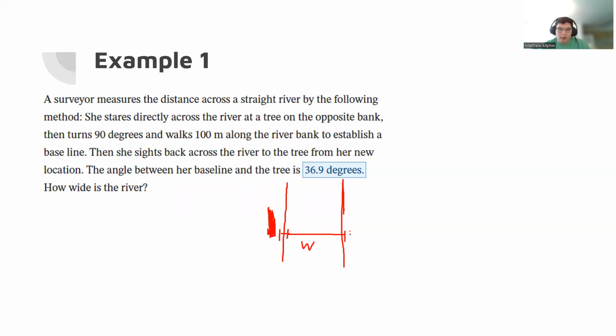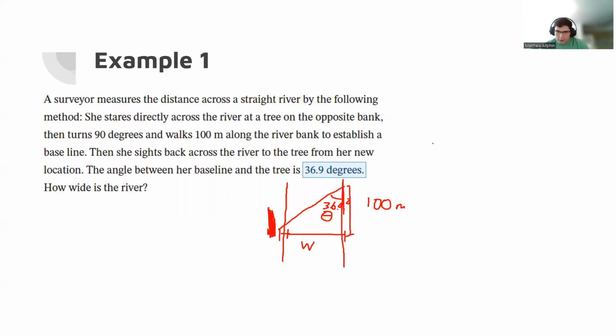And they walk this way a distance of 100 meters. And then they measure the angle here to be 36.9 degrees, or I'll just call it theta, an angle theta, like that.